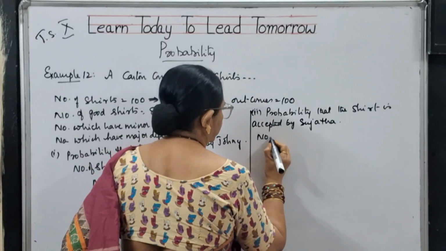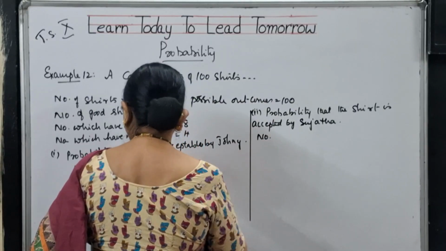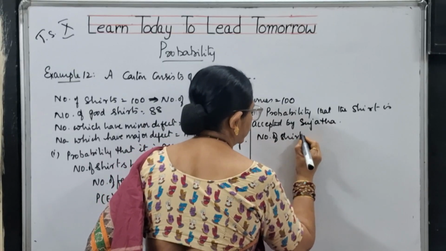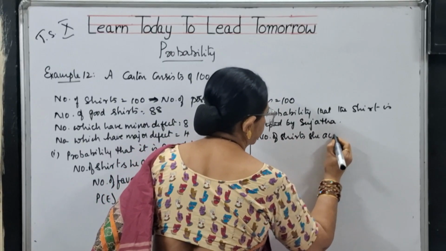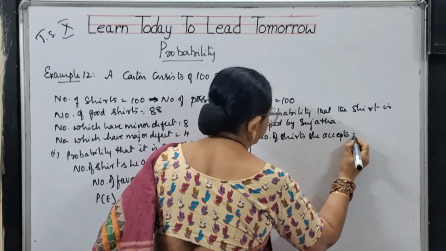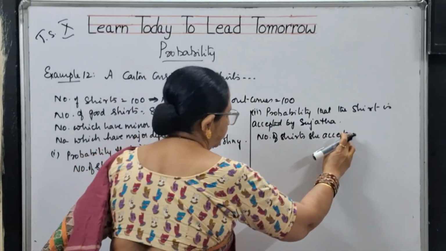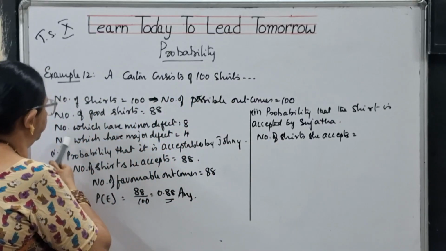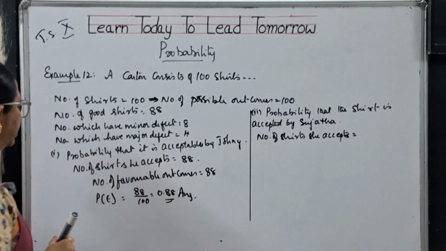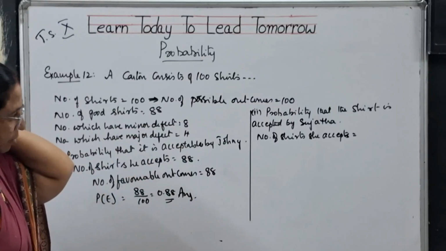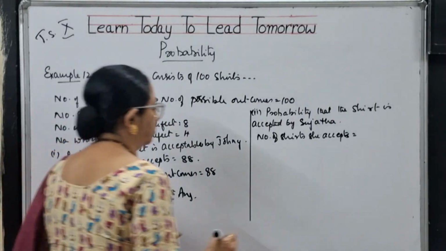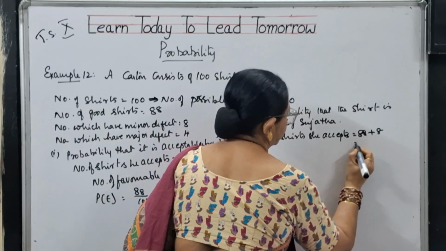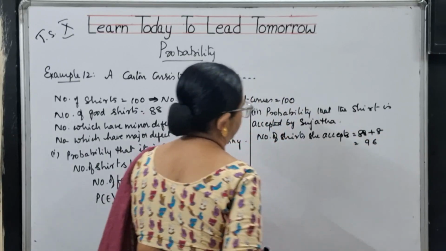Here, number of shirts she accepts. How many, children? It is said in the problem that she will reject the major defect shirts. She will reject those. That means she will accept the good ones plus minor defect ones, that is 96.